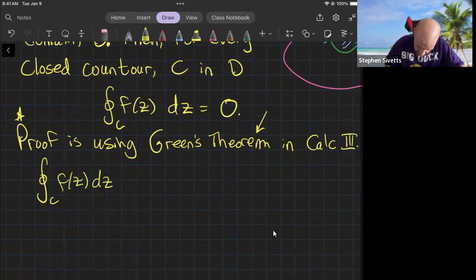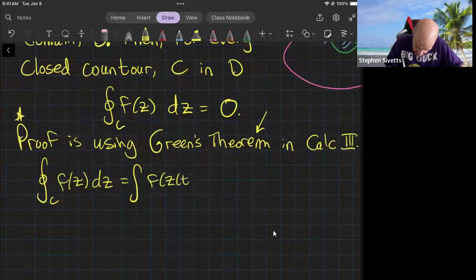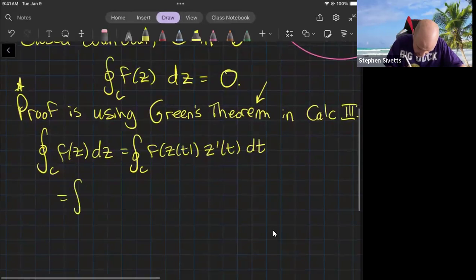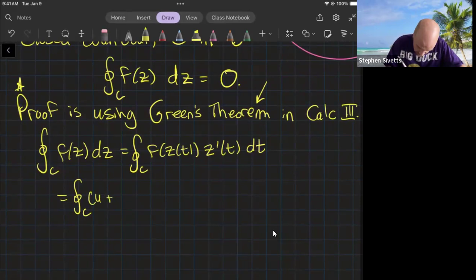You don't have to write this down, but the line integral over C of f of z dz, by definition, is f of z of t times z prime of t dt. So this is equal to the line integral over the closed curve C of u of x y plus i times v of x y, times dx plus i times dy.